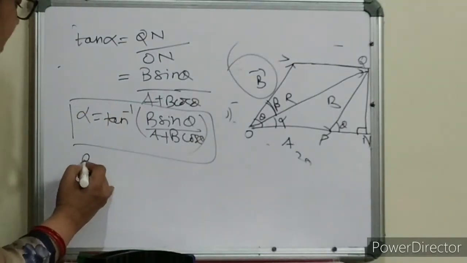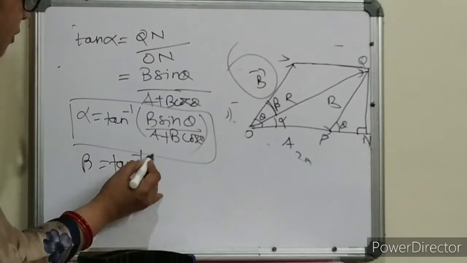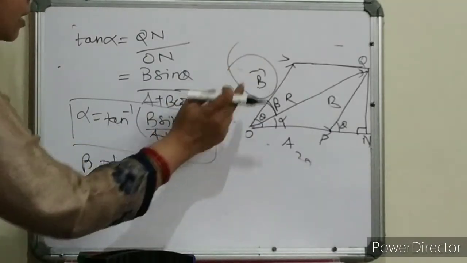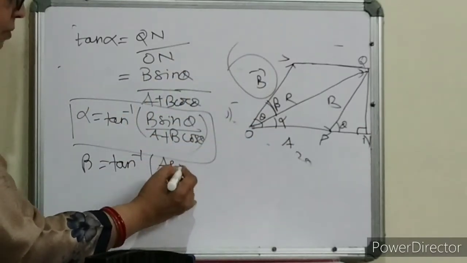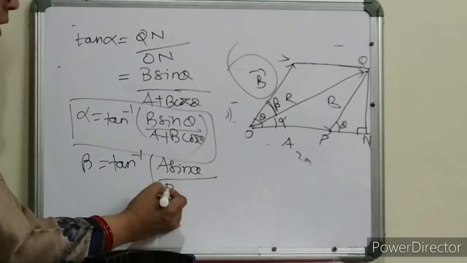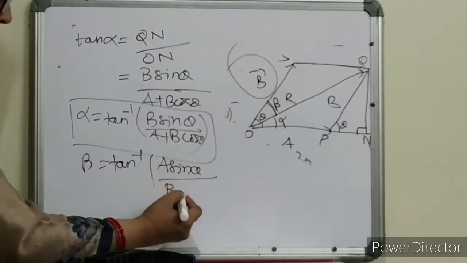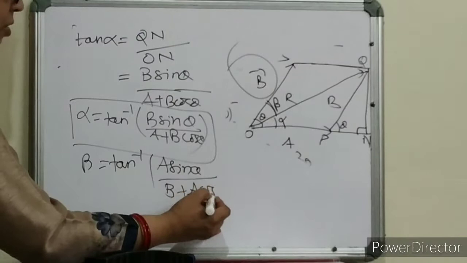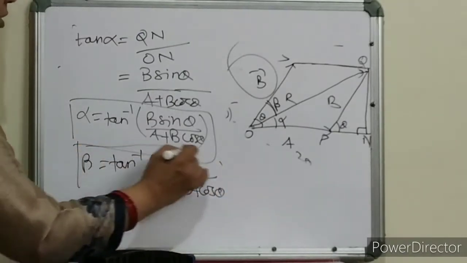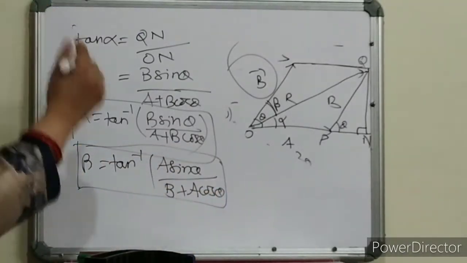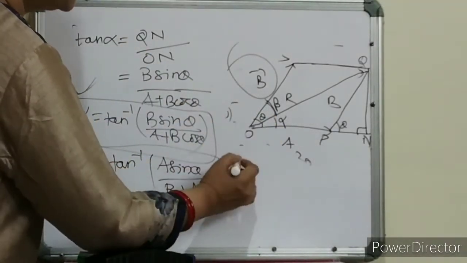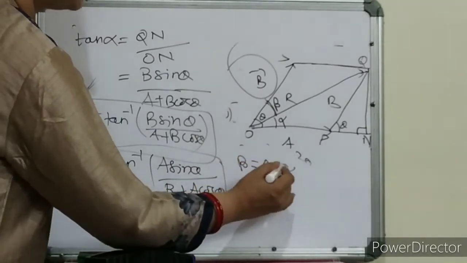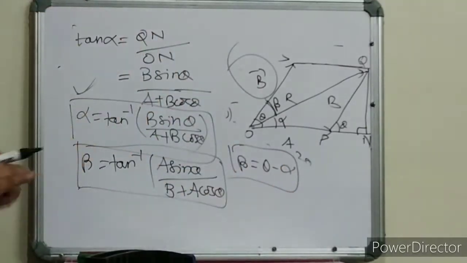When it is alpha we write B sin theta, so when it is beta we will write A sin theta upon B plus A cos theta, so swap A and B. Or if you have found alpha, then for beta you can subtract: theta minus alpha. You can do this also, children. It is up to you which way you want to approach.